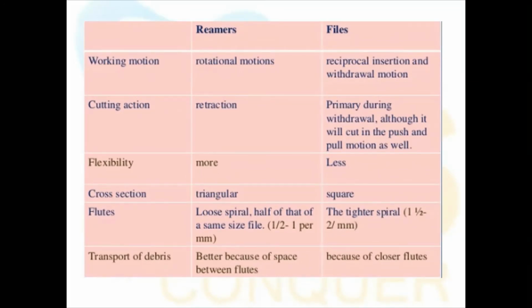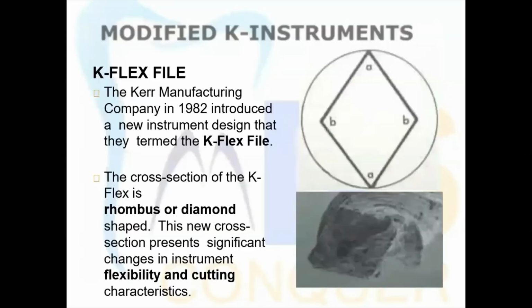Moving forward, modified K type of instruments. Why are instruments modified? Just to overcome the drawbacks which are present in the original version, right? So what is the original drawback of the original version of the K instruments?